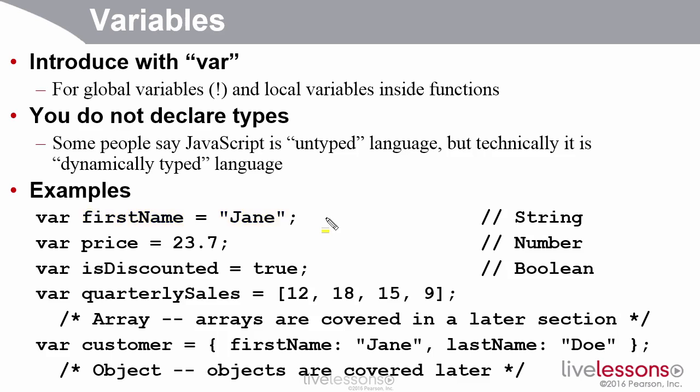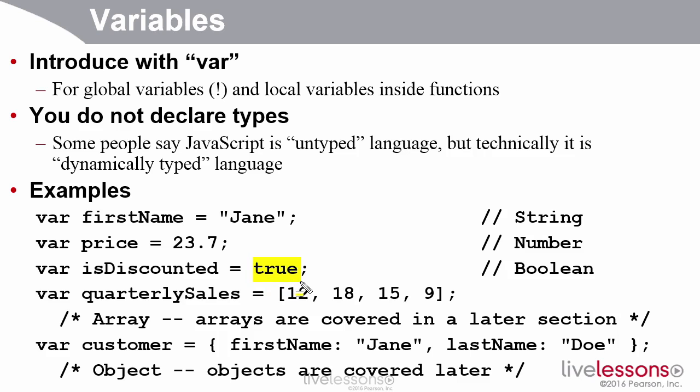It's a string. In the next line, I said price, and the variable called price is a number. I didn't have to say the first one was a string and the second one was a number. I just gave values that were strings or that were numbers. You also have these things called Boolean values. Boolean values are true or false, yes or no. It's just, is it discounted? True. Is it discounted? False.